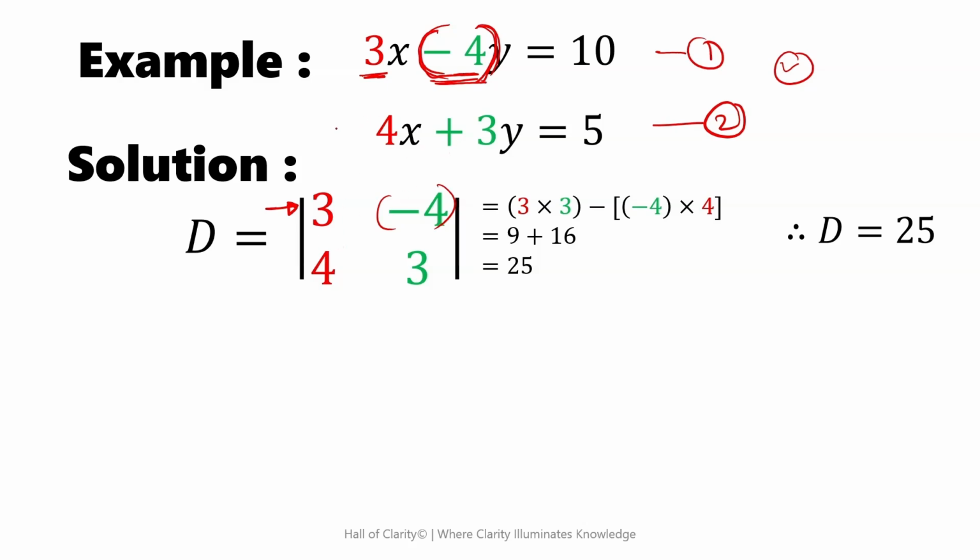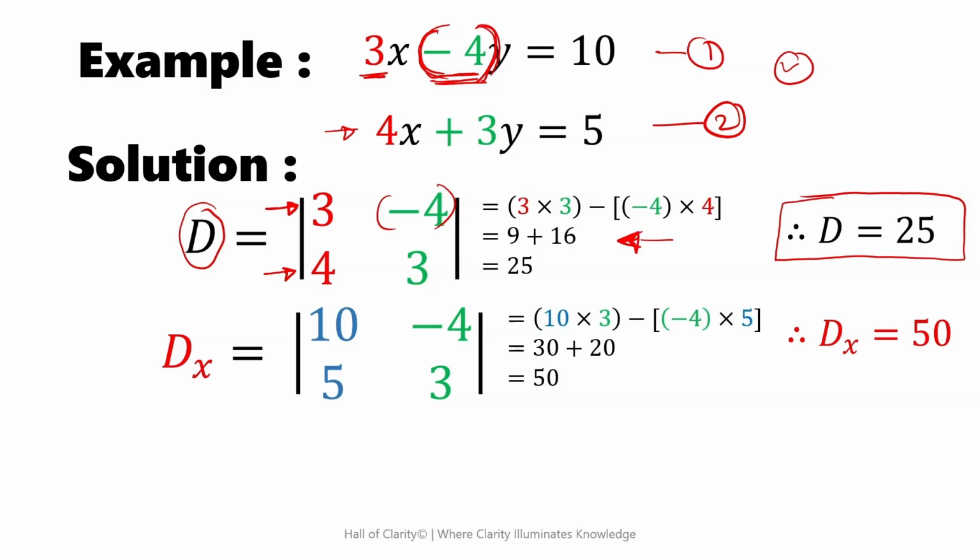Then we write the coefficients of x and y of the second equation in the second row. After writing the coefficients of both equations, we will solve this determinant and find the value of D in this way. Now this value of D comes out to be 25.